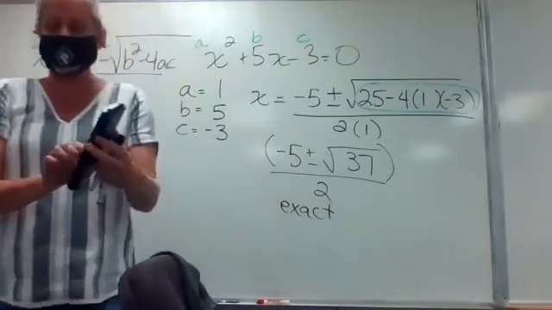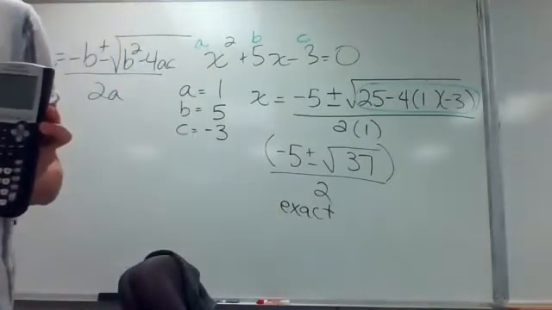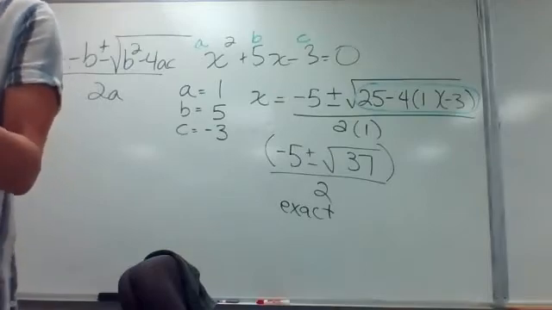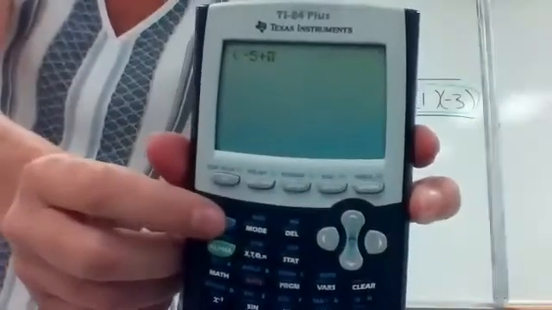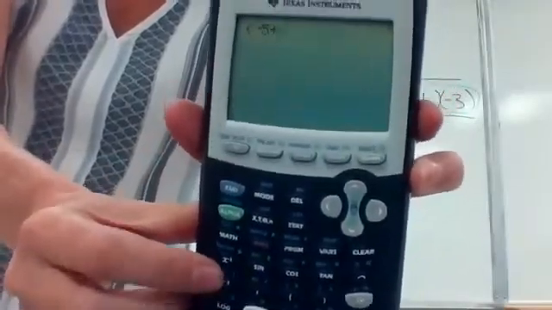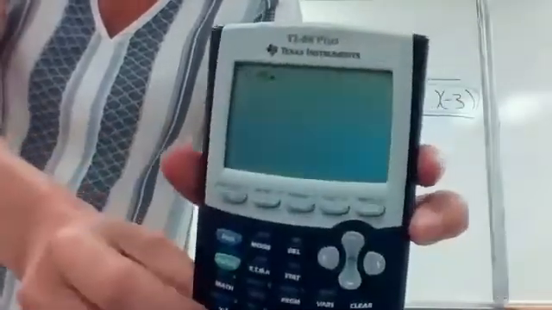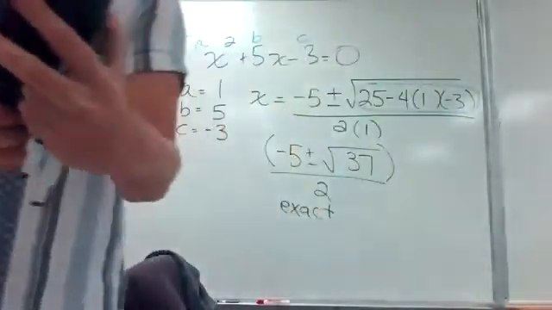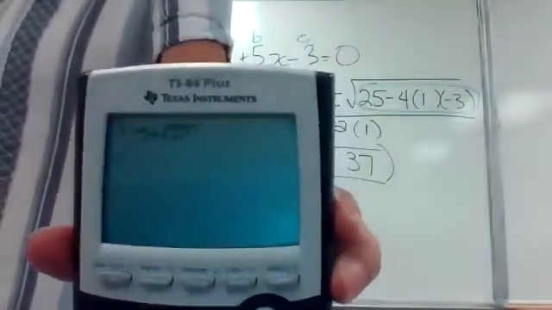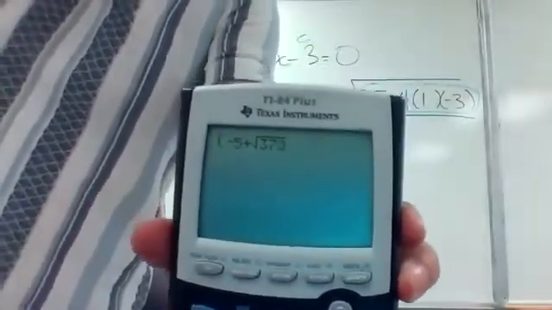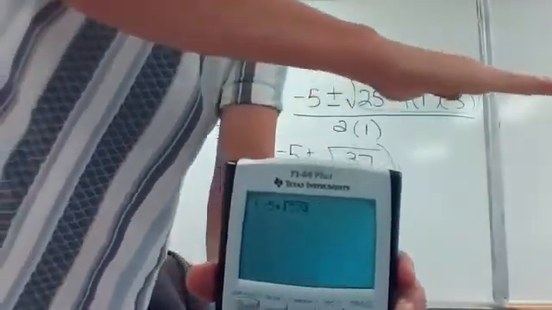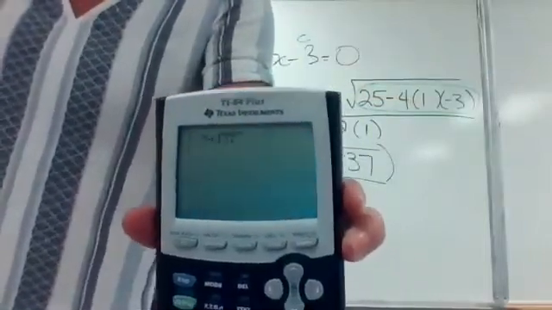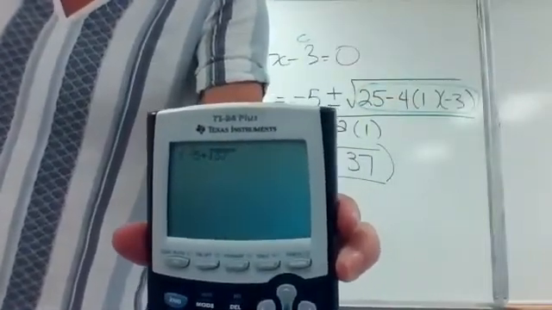Now, your square root, do you see the x squared button? Right above it is your square root. So you just need to hit the second and then this x squared button to get your square root. Put your 37 under there. Now, after you put the 37, do you see how your square root is not going to stop going until you tell your calculator, okay, I'm done typing in what's underneath the square root symbol.